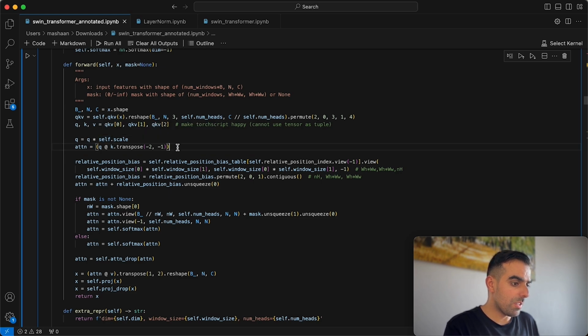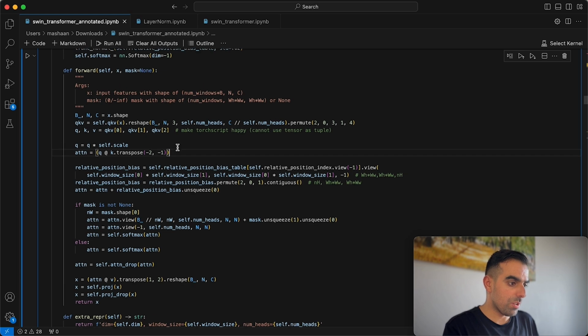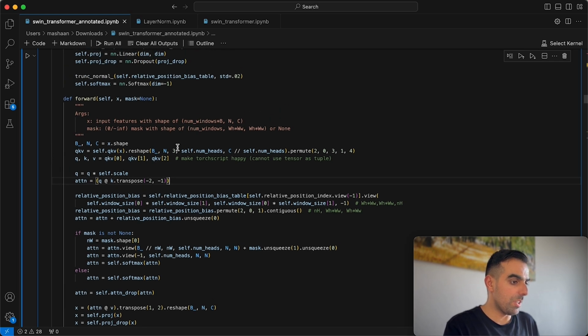So I think it would be a good exercise just to find the equivalent layers in JAX, and everything else would be the same. For example, this piece of code won't change. This one won't change. Let me know in the comments if you're interested in a JAX translation of Swin Transformer.